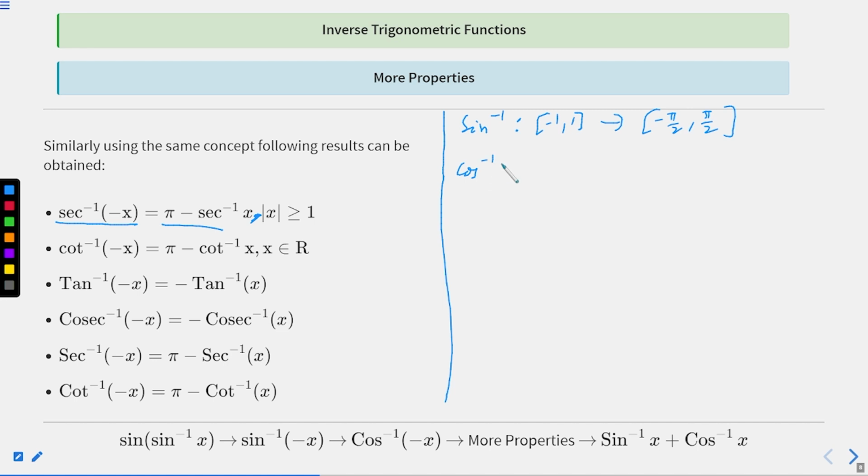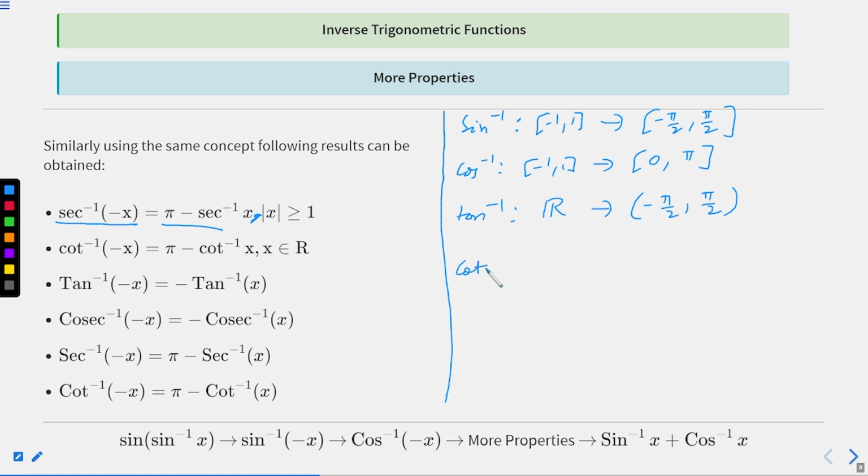Cos inverse is also defined from minus 1 to 1, but to the closed interval 0 to pi. Then tan inverse. Tan inverse is from where to where? It is from R to the open interval minus pi by 2 to pi by 2.